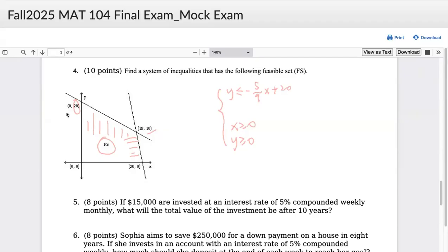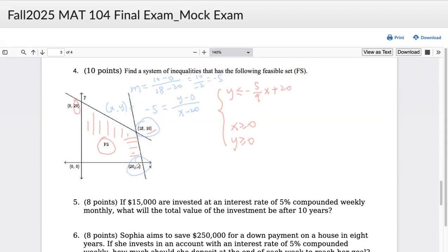For the second one, we're going to use this point and this point. So the slope equals 10 minus 0 divided by 18 minus 20, which is 10 divided by -2, which is -5. Right? Then the slope also equals, think about any point on the line, (x, y), so that equals y minus 0 divided by x minus 20.